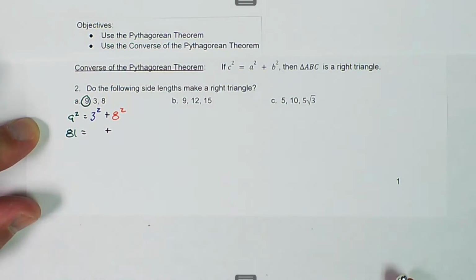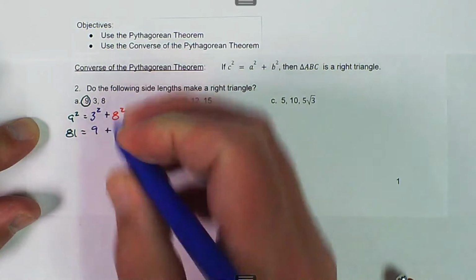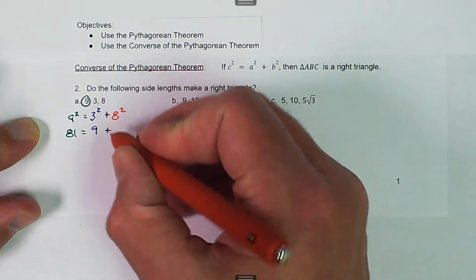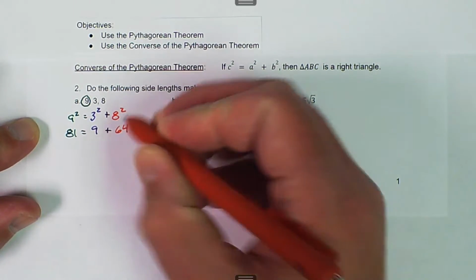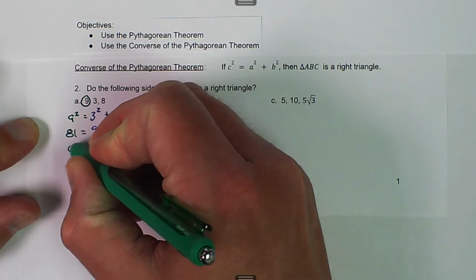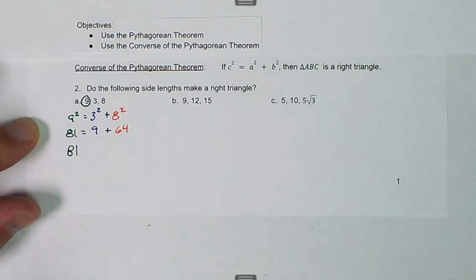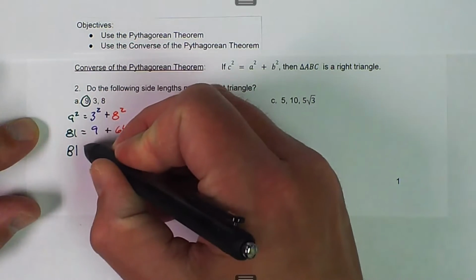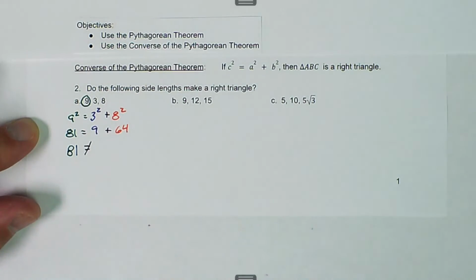Three squared is 9, and 8 squared is 64. 9 plus 64 is 73. So 81 does not equal 73.